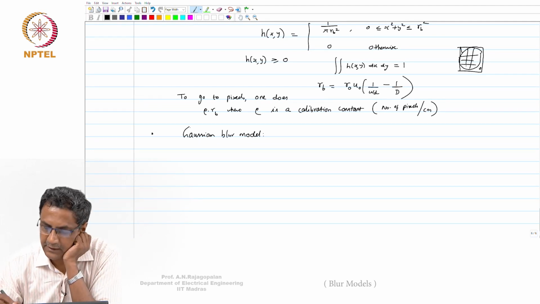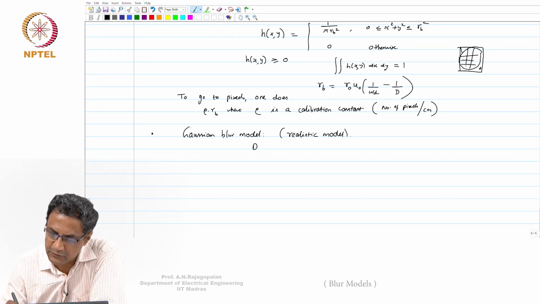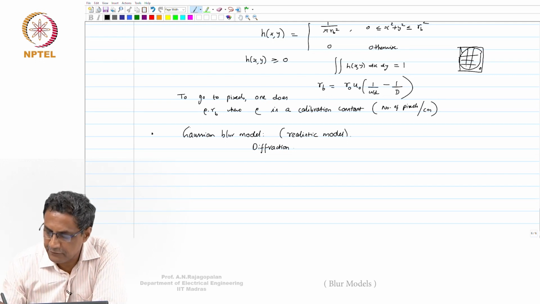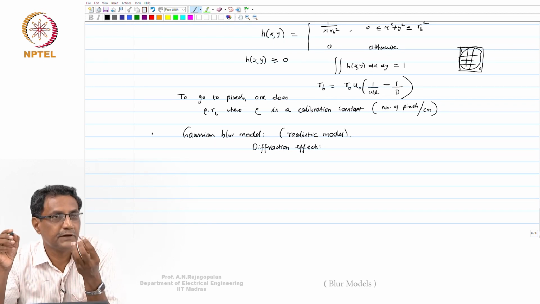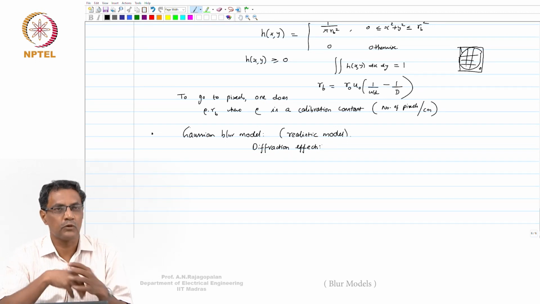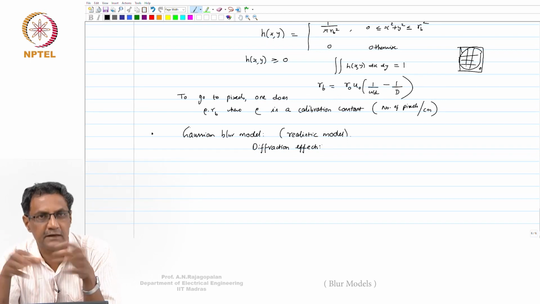The Gaussian blur model is more realistic, in the sense that it takes into account various effects. One is what is called the diffraction effect. Every system is actually diffraction limited. What that means is that as you keep reducing the aperture size, you may think you will end up with a more and more sharp image, but beyond a point, when the aperture becomes very small, the rays actually begin to diverge.